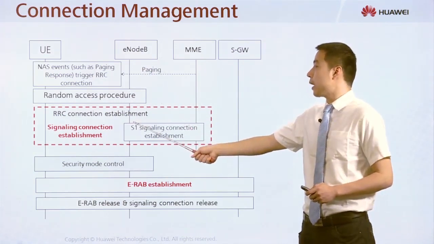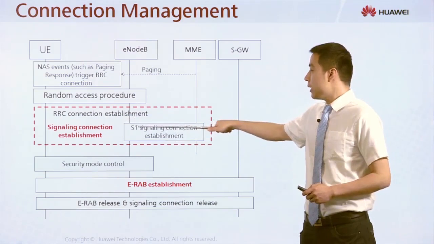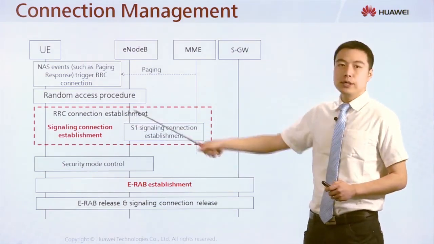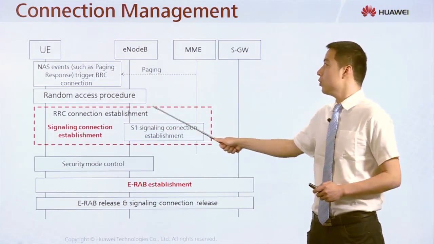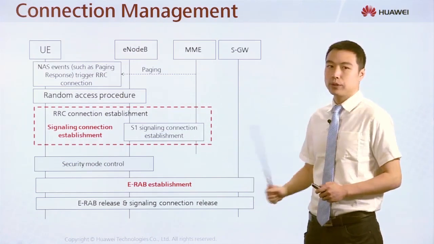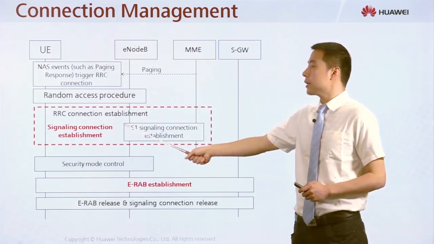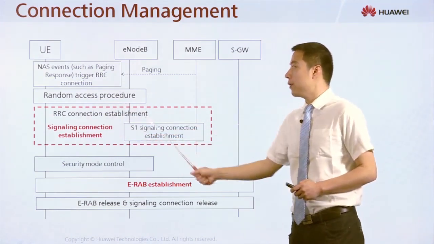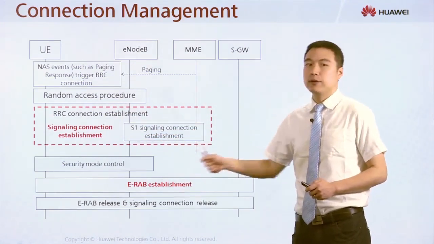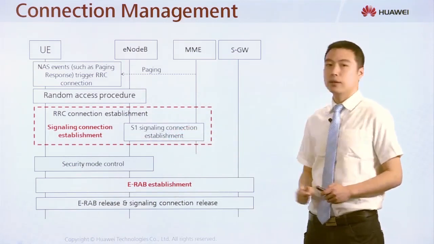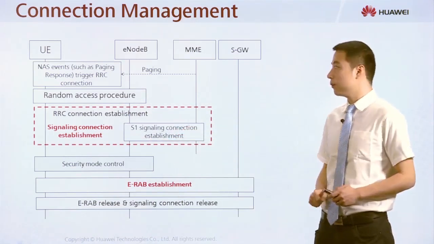After we set up the RRC connection, the UE enters the connected mode. When the UE sets up the RRC connection, the eNode B will also set up one signaling connection with the core network. The RRC connection is a signaling connection between the UE and the eNode B in the air interface. RRC connection plus the S1 signaling connection.